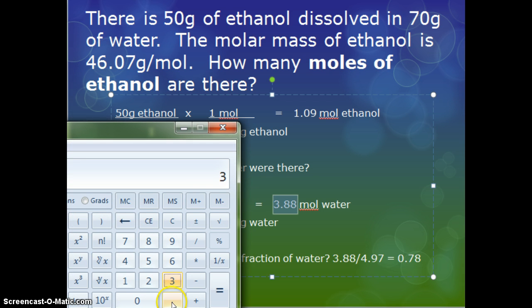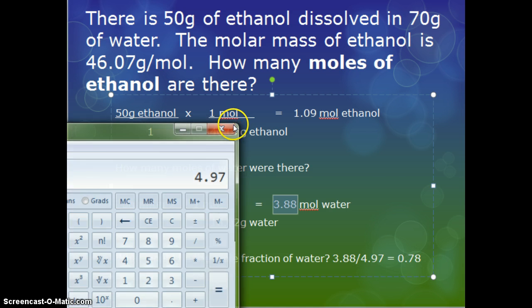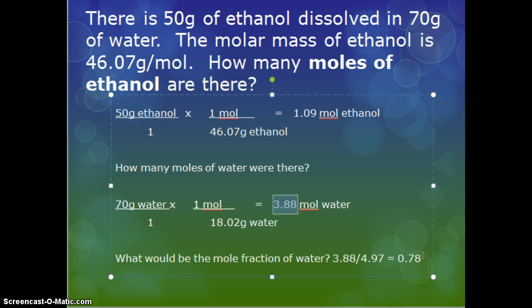I took 3.88 because that's how many moles of water, and to get my total, I added how many moles of ethanol, and I get 4.97. So I took my portion, that's water, divided by my total, and that gives me my fraction. For fractions, we do not multiply it by 100 because we do not want a percent. We just want the decimal or the fraction.